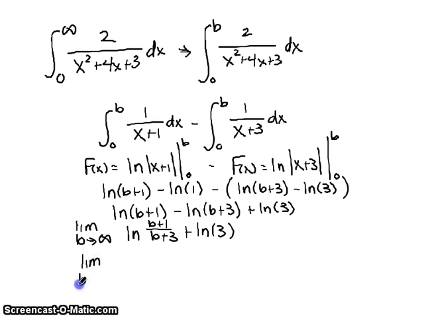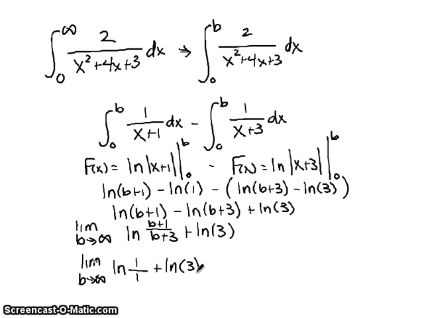So the limit as b goes to infinity of the natural log of, take the derivative of the top, the derivative of b is 1, derivative of 1 is 0, derivative of b is 1, derivative of 3 is 0. And this other piece, we didn't have an indeterminate form, so we don't want to think about taking its derivative. Only use L'Hopital's rule on the indeterminate form spot.